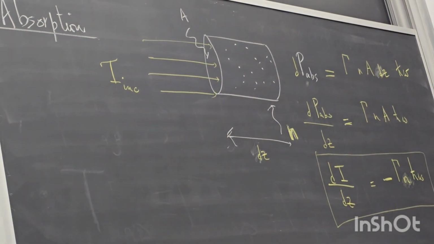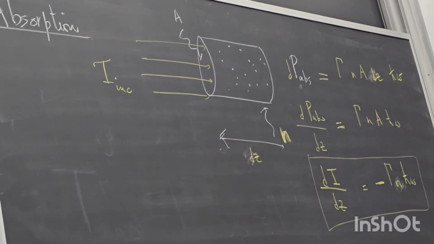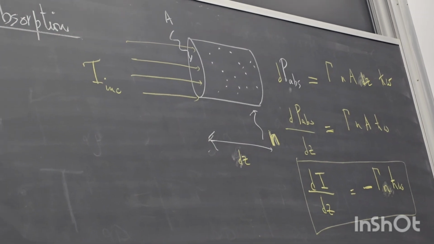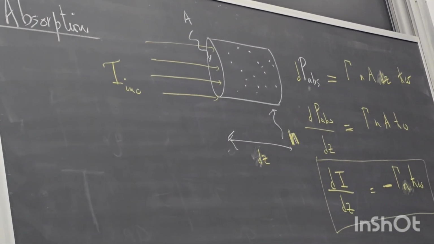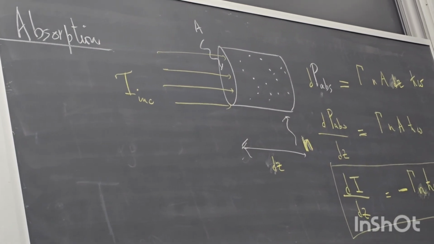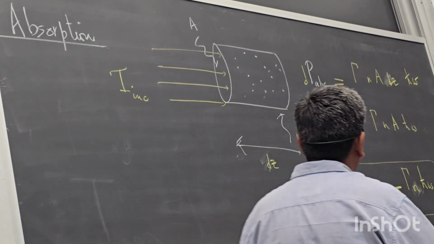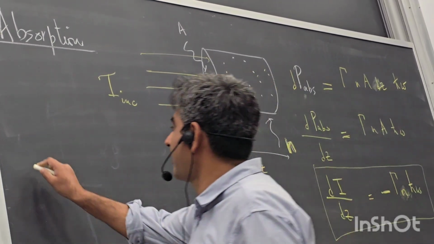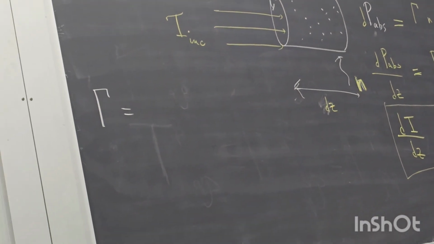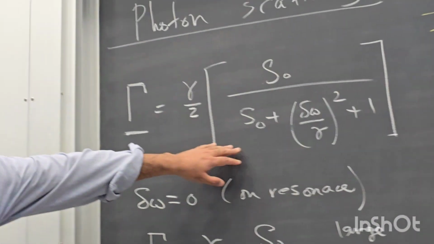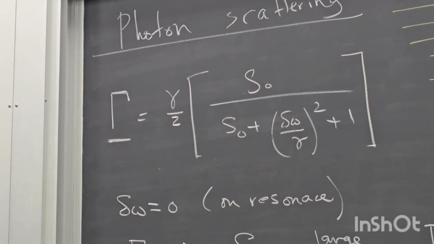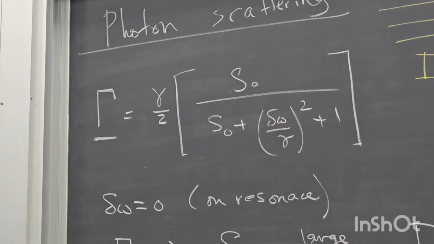Alright? Now, another thing that you could do is express this in terms of something else. We do know that this gamma, the photon scattering rate, is actually equal to S naught over all of this.